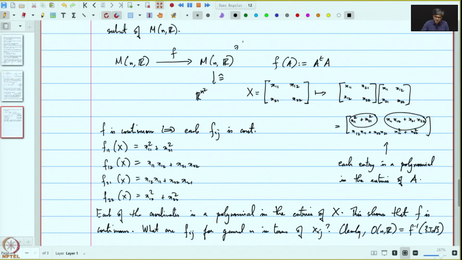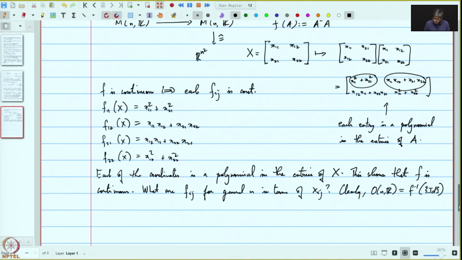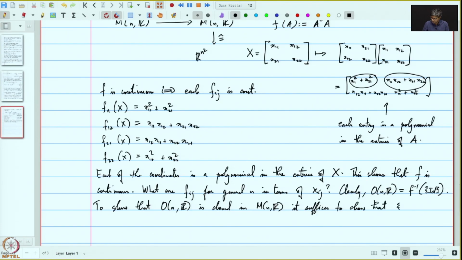So MNR contains the identity matrix, and therefore to show that ONR is closed in MNR, it suffices to show that this singleton identity in MNR is a closed subset.